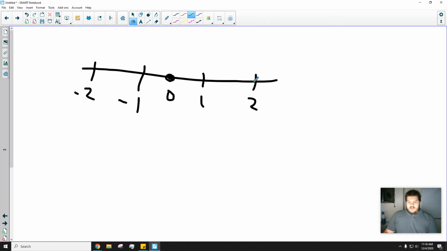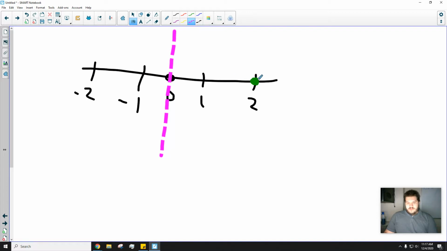So if we look, let's say we have a 2 right here. Well, on this number line, what's the opposite of 2? Well, what that means is if I were to draw a line in the middle here, what is the same distance from 0 on the other side?